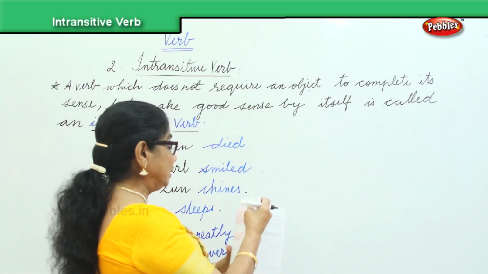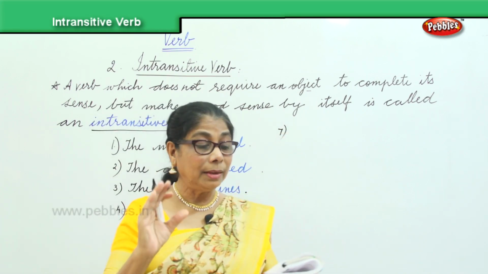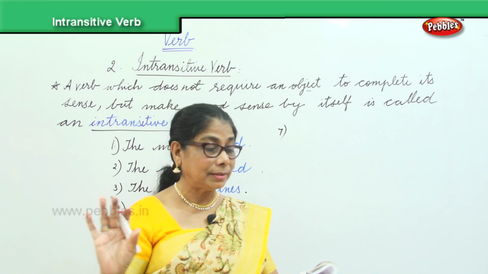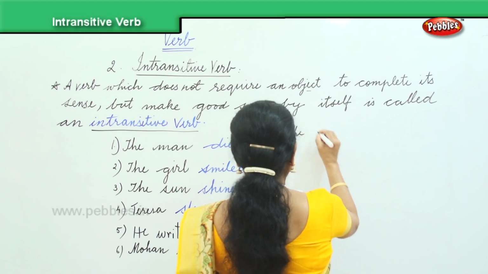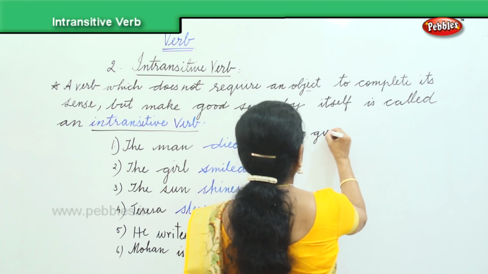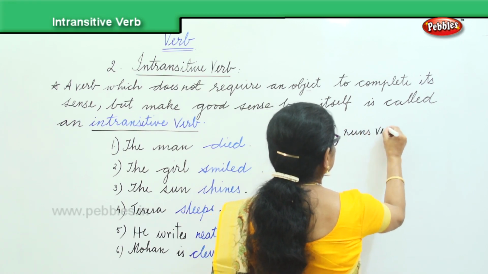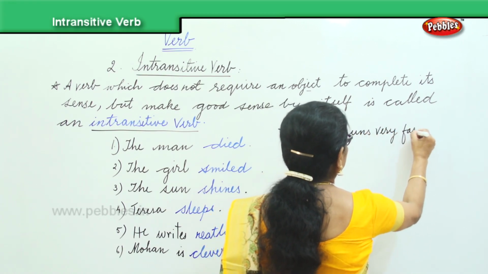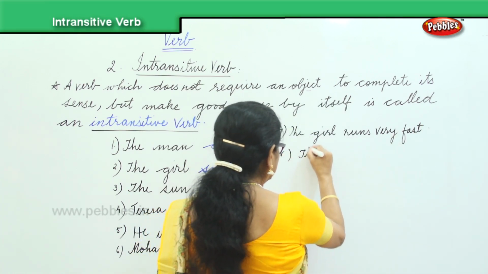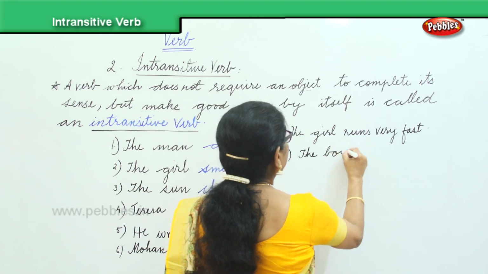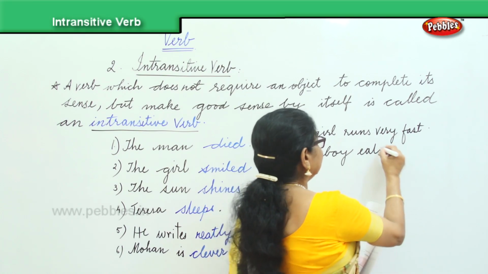Now, look at this sentence here. The girl runs very fast. Okay. The boy eats slowly.